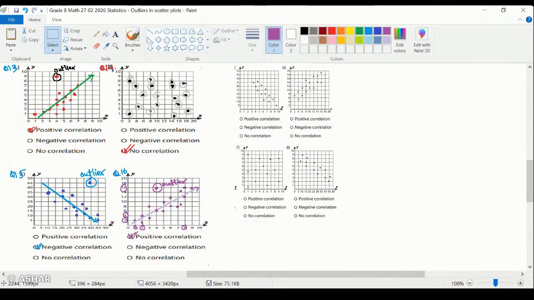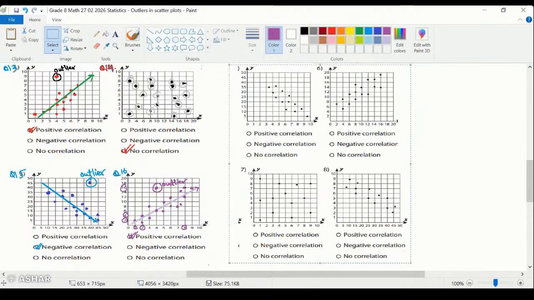These diagrams were given to us. We need to find what kind of correlation is there: question 16, question 17, 18, 19, and 20.